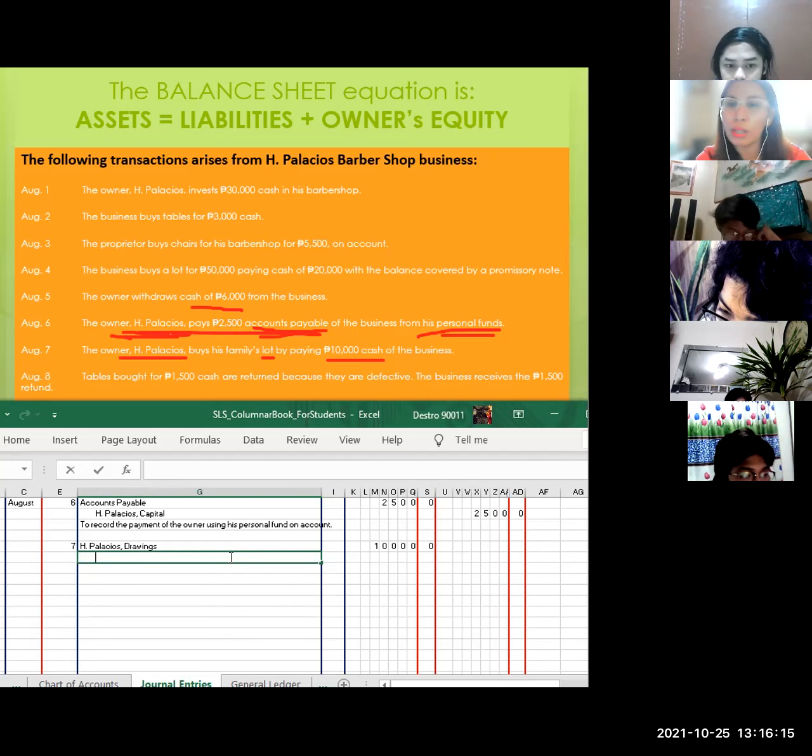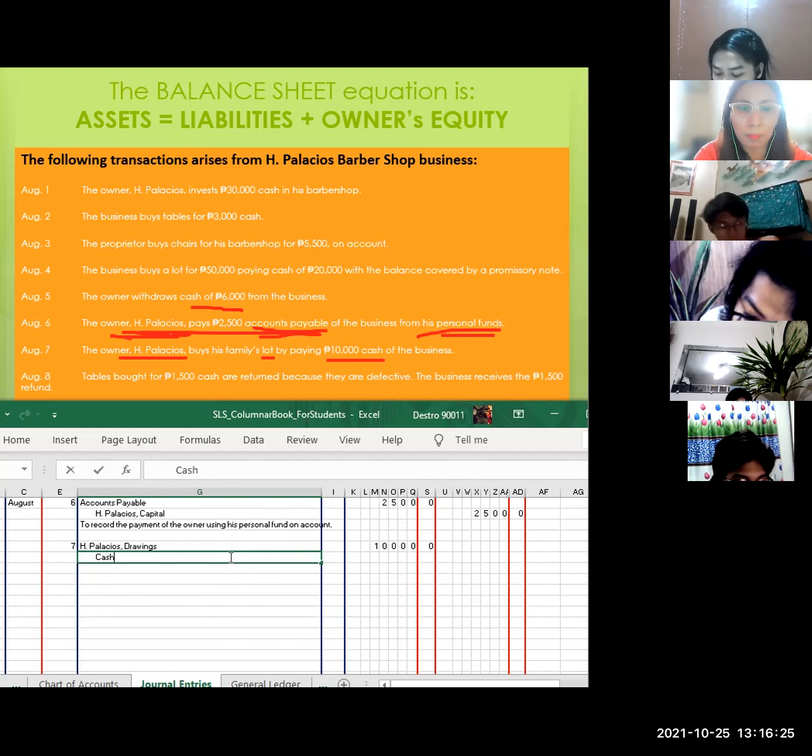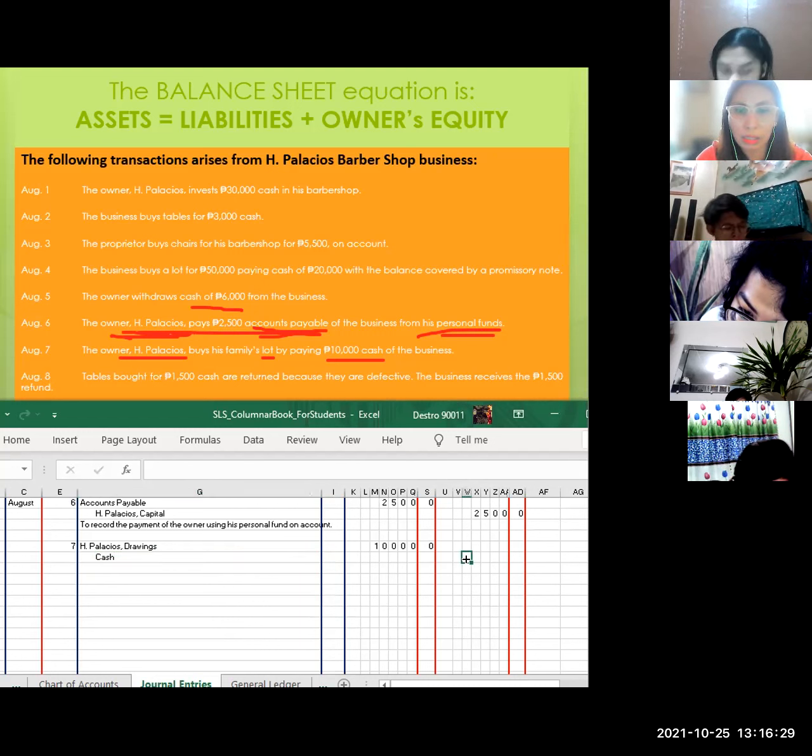So kailangan on your credit entries, it should be indented. Hindi po naka-align doon sa debit entries. Cash, 10,000 pesos.